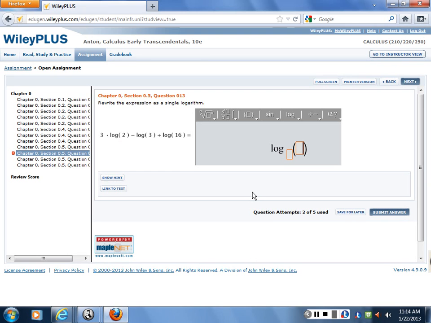Sometimes they'll throw you off, and when there is not a base, they want base 10. You could put log base 10. I'm going to test to see if I need that. And I think you do need that, even though in the solution it wasn't there. And you'll just kind of figure these things out.